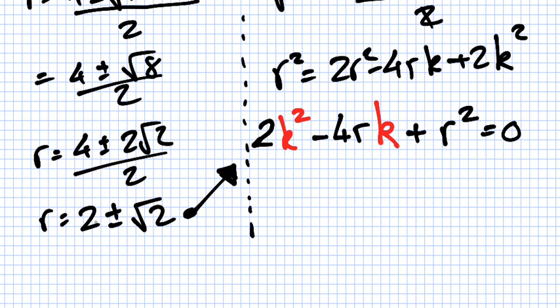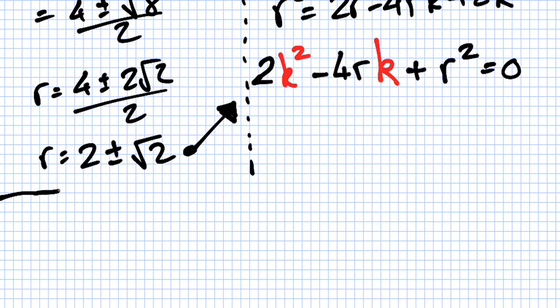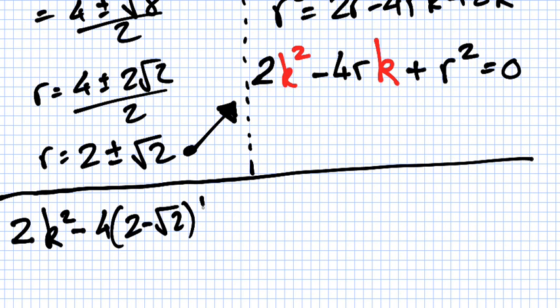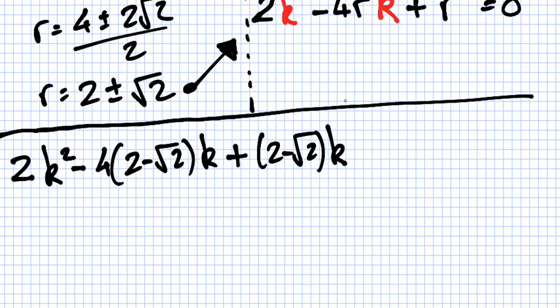So we have two answers to consider, 2 plus root 2 and 2 minus root 2. So let's have a look at the two cases. So the first case would be 2k squared minus 4 times (2 minus root 2) k plus (2 minus root 2) squared. And then the second case would be with the plus in it.